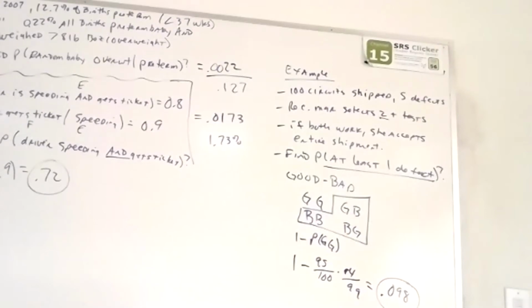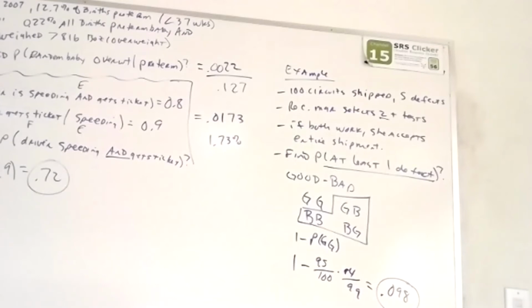I could go probability of bad, good, which would be 5 out of 100 times 95 out of 99. Or probability of bad, bad is 5 out of 100 times 4 out of 99. At any rate, I could simply add those together. I should get 0.098 as well. Okay, so that's how you could do it with a tree diagram.